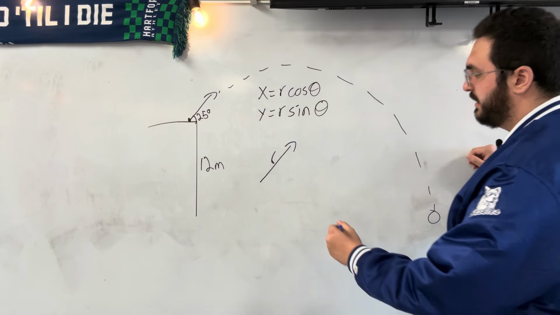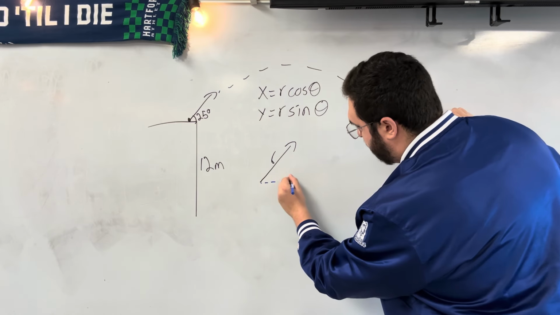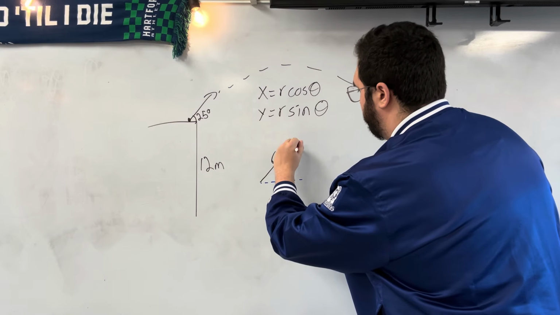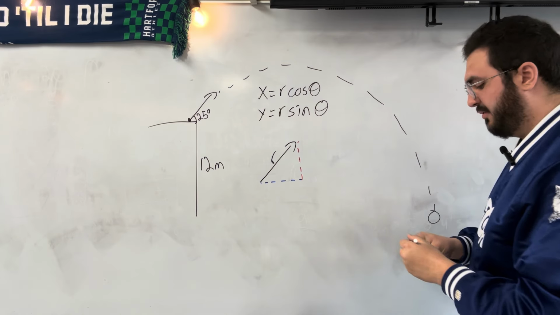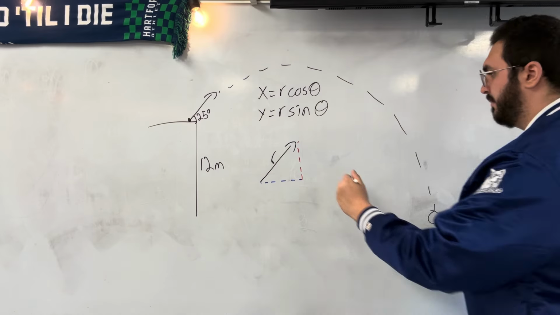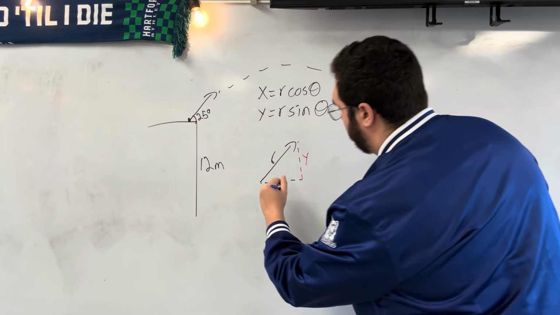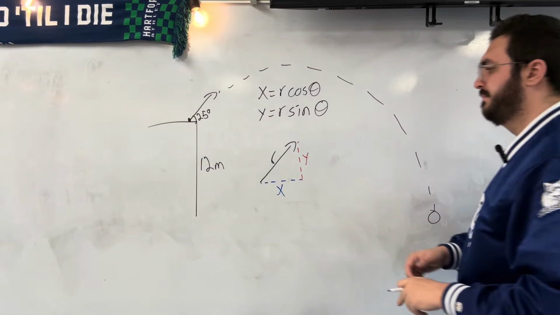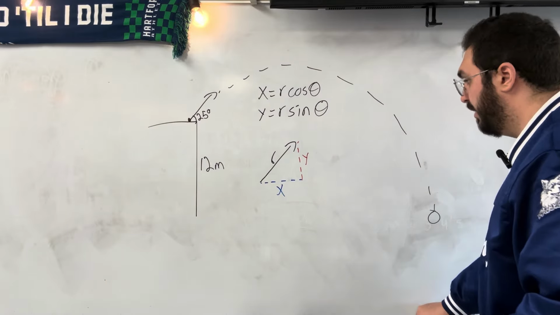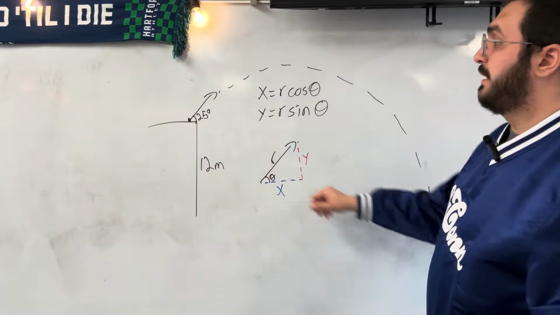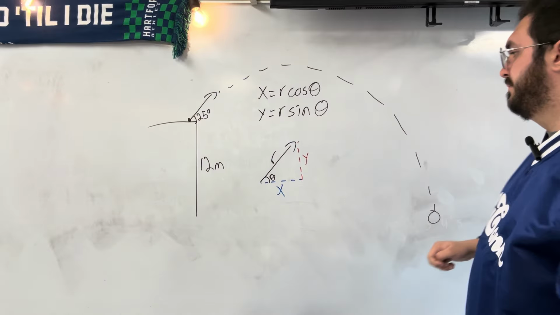Instead, we need to break it up into components like so, where we have an x component in blue there, and a y component in red. So y is going to be in red, x in blue for our purposes here. Now, there is a known angle down here, called theta. That is going to be our 25 degrees from the problem.